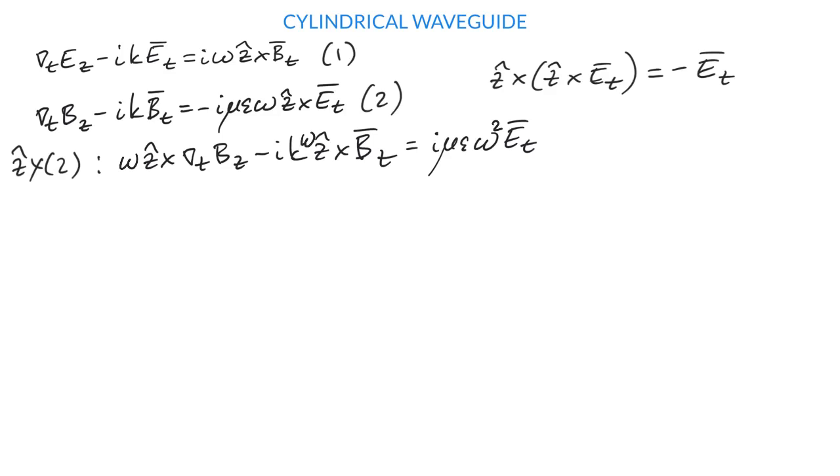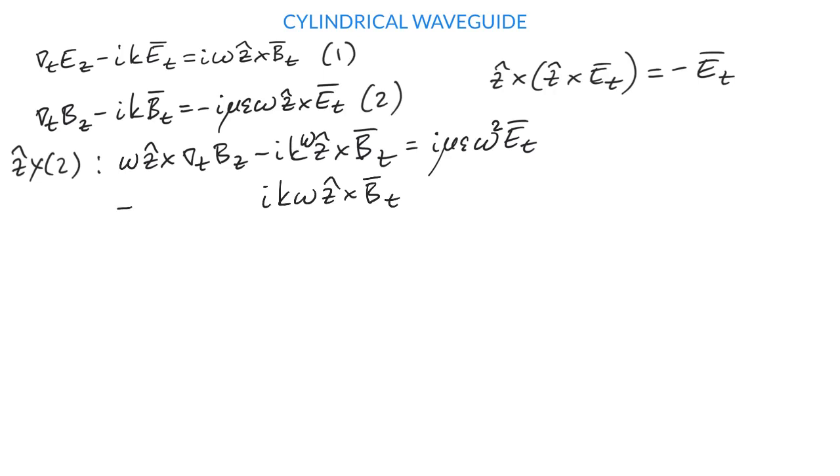Now I take equation 1 and multiply it by k, and I take z cross Bt and write it on the left. So I multiply by kω z cross Bt. I'll keep the Ez term on the same side with the Bt term.